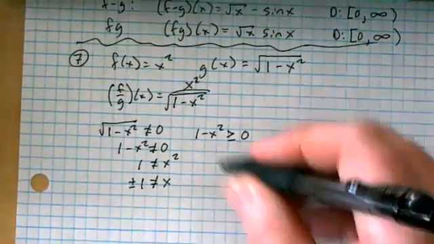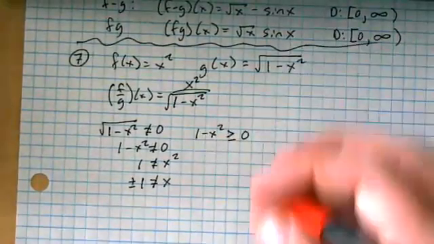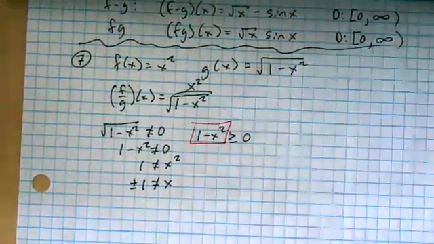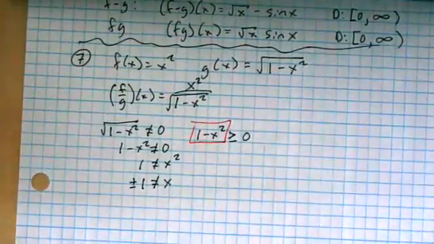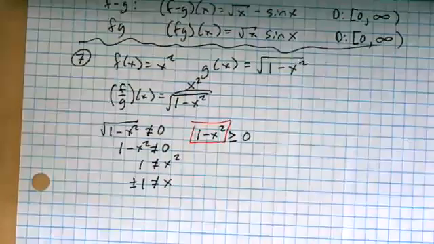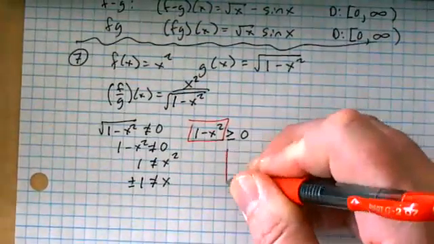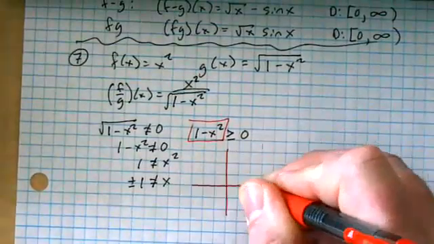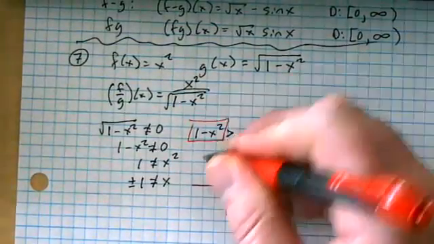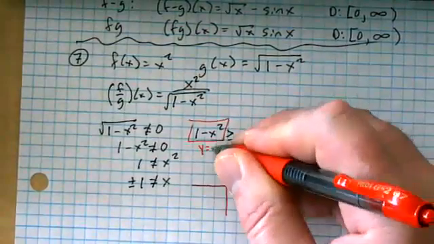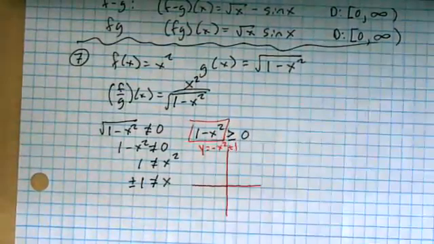So I'm going to make a sketch of the graph of 1 minus x squared. If you don't know what that looks like, what are you going to do? You put it in your calculator and graph it. So let me graph this thing, 1 minus x squared. I'm graphing y equals negative x squared plus 1.